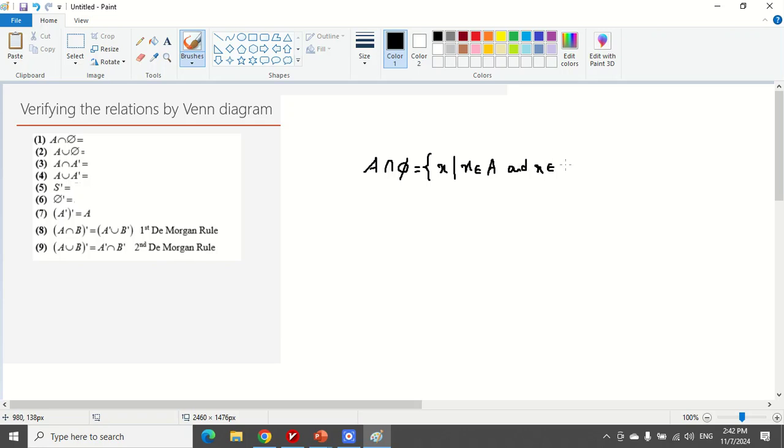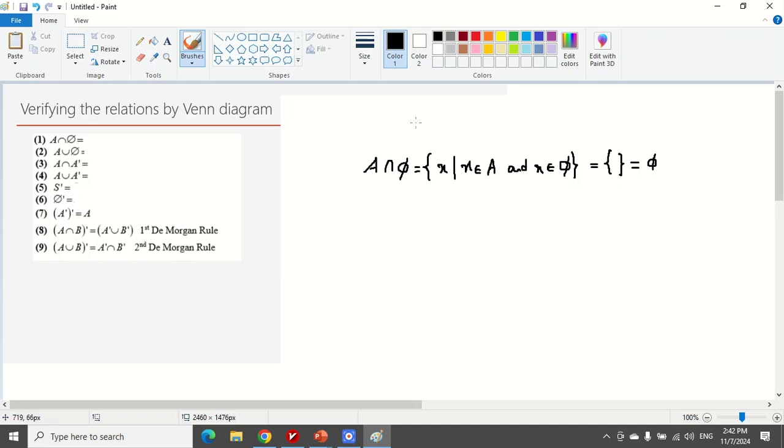But we know that phi is empty, there are no elements over there. So if x belongs to the empty set, it means that x is nothing. So the only common element between A and phi is phi itself, meaning it contains nothing. None of the x's can be considered a common element between A and phi. So the result over here is equal to phi.